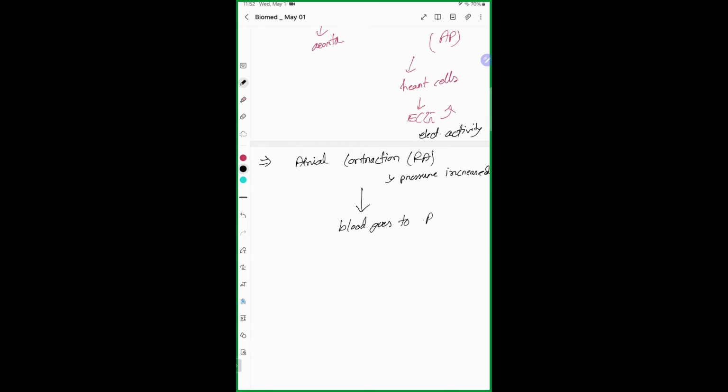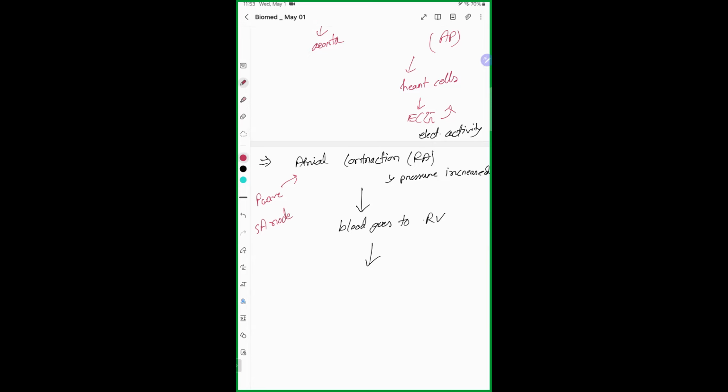This atrial contraction starts through a signal, that is our P wave. It happens in the SA node, the sinoatrial node.